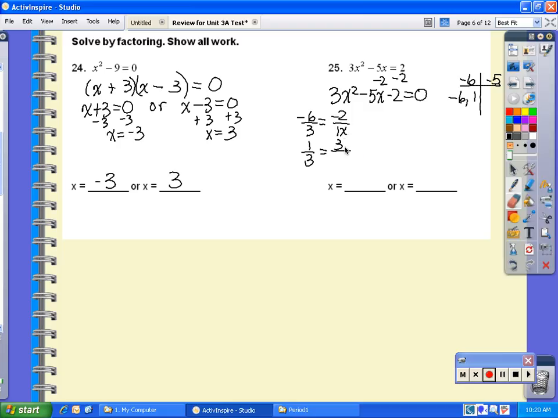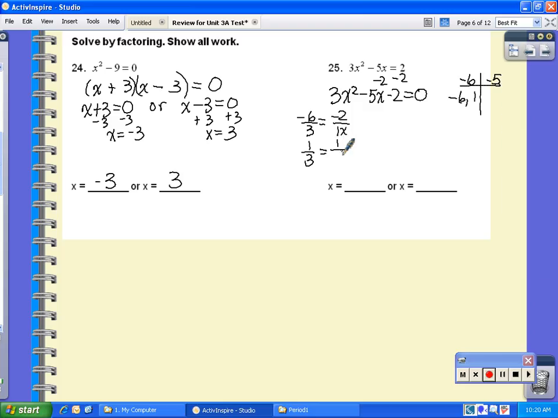Let me erase that. So therefore I get 1 over 3x, and I have my two binomials, which are x minus 2 and 3x plus 1. And again, I know that when I multiply those together and I get 0, either x minus 2 equals 0 or 3x plus 1 equals 0.